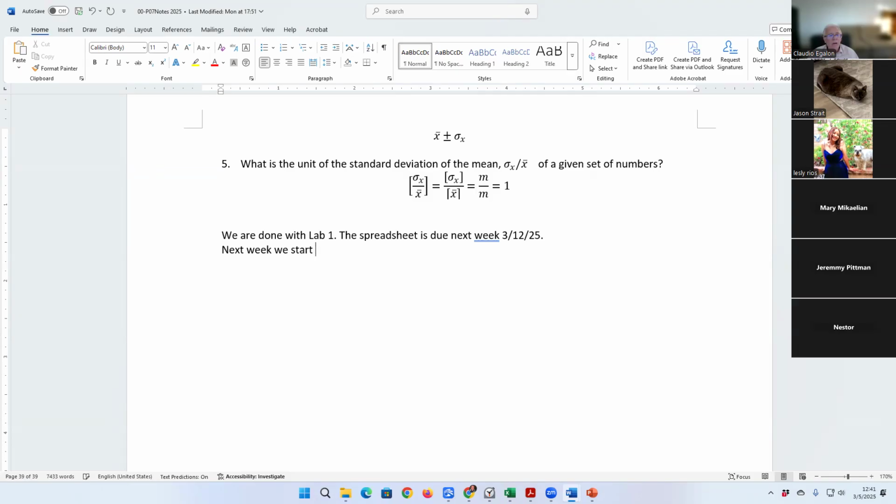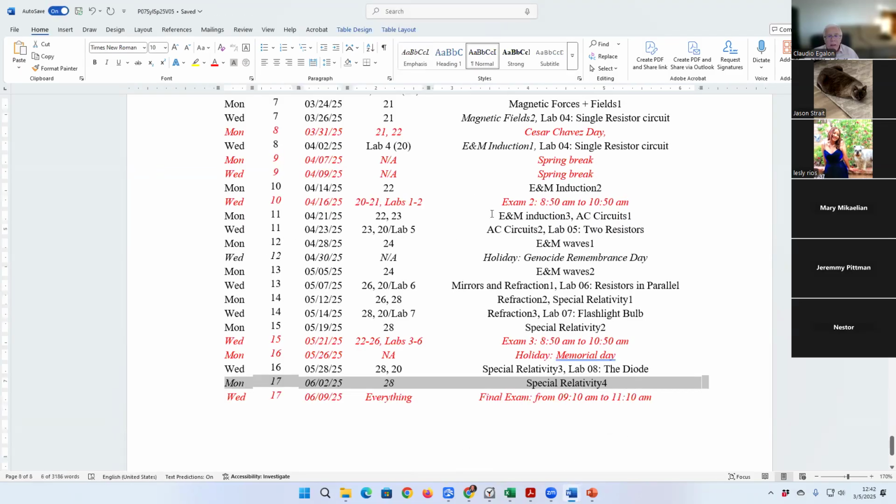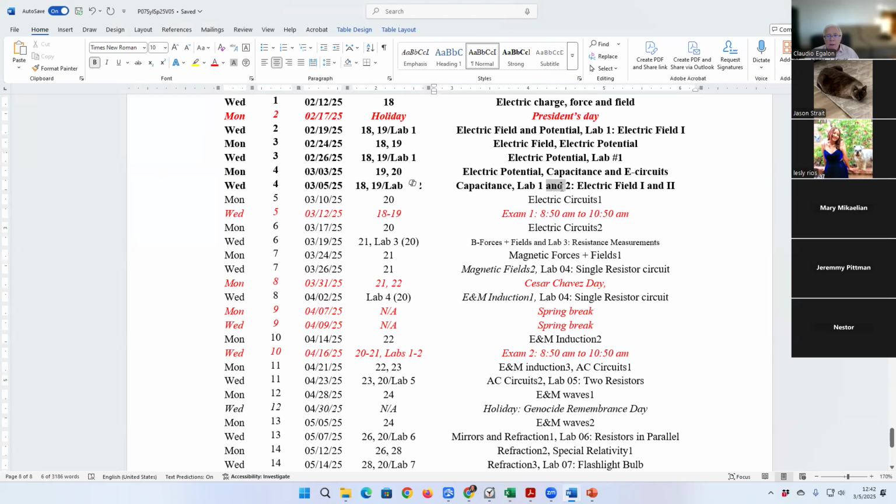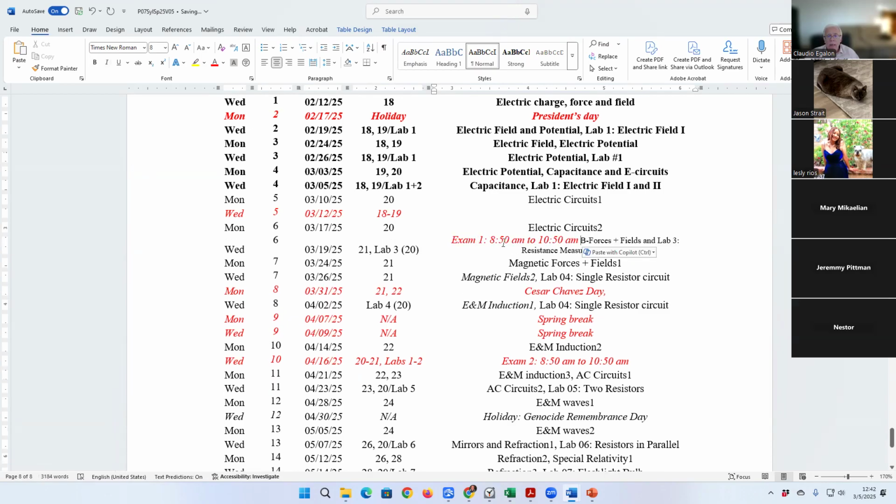Let me fix here, lab 1. We have changed the date for exam 1. That's going to be next week. Here we're going to do lab 2, Electric Field 2, which is going to be very similar to the first lab.